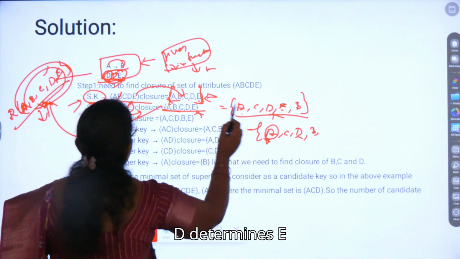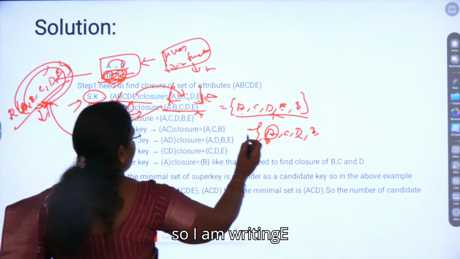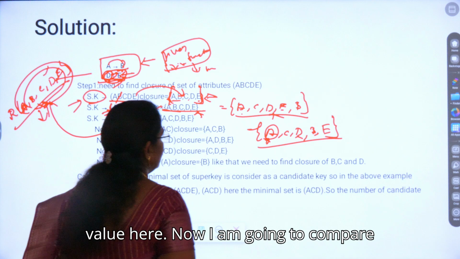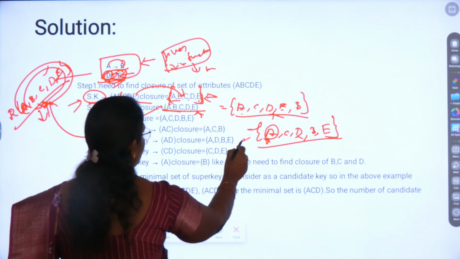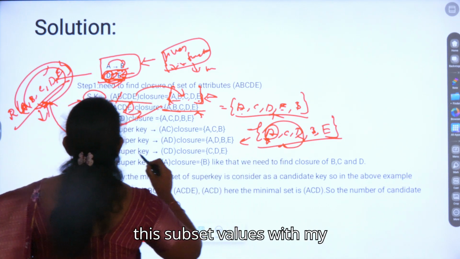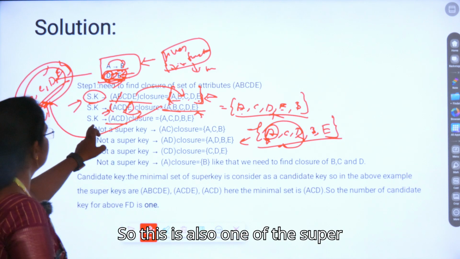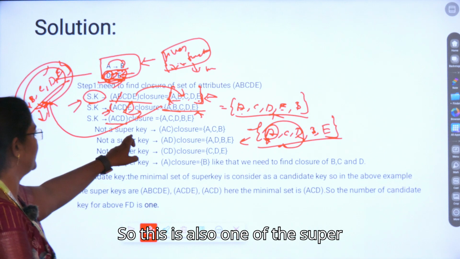Then D determines E, so I write the E value here. Now I compare this subset with my relation attributes. Both are the same, so this is also a super key.